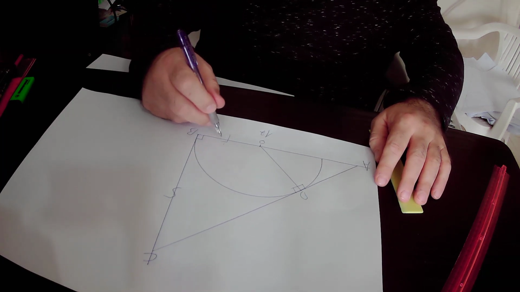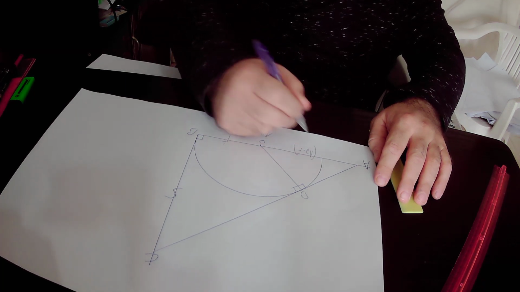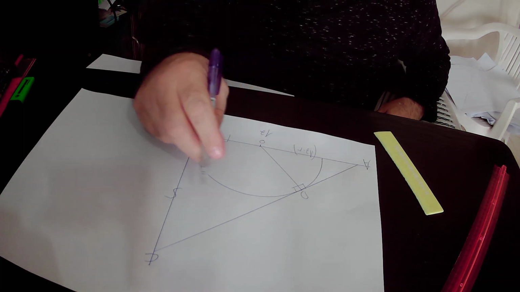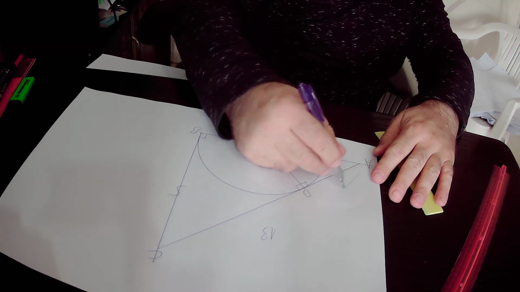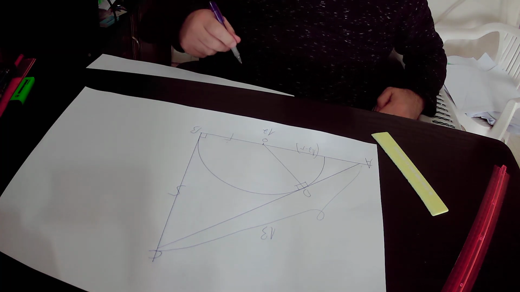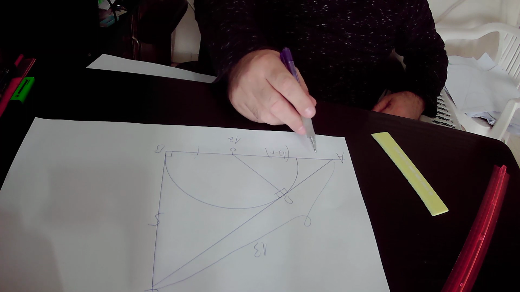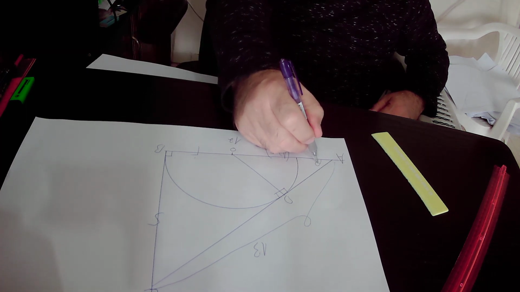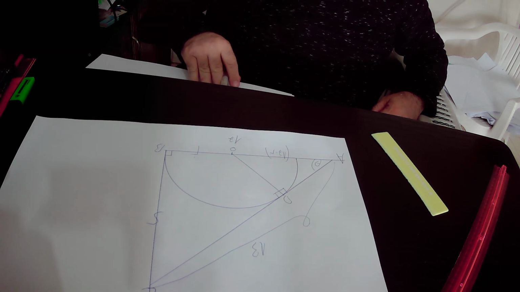OB is R. AO is 12 minus R. And AC equals 13 units. We will define this angle, angle ACB, as angle theta, and we will focus on the right triangle, triangle ABC.